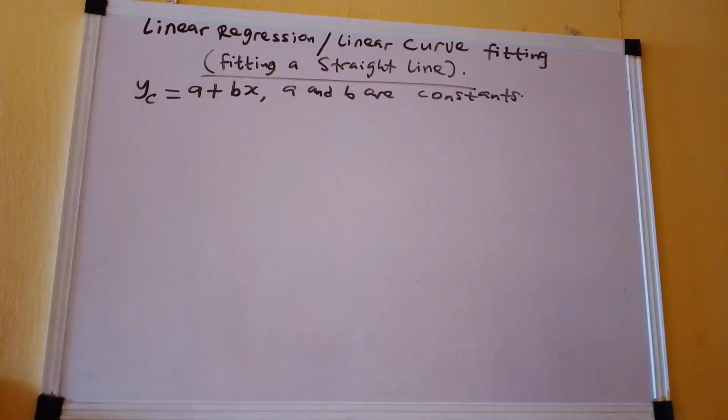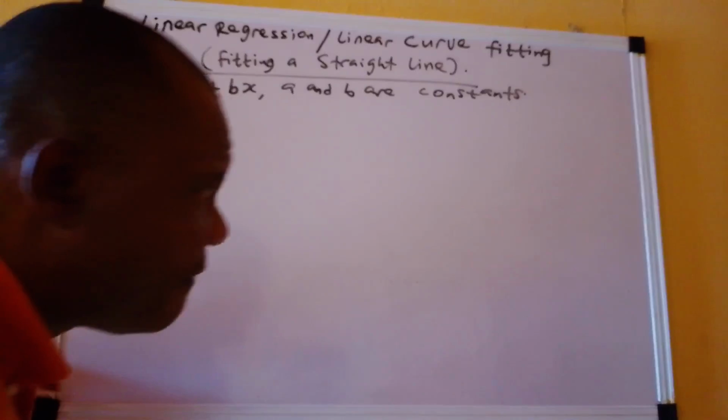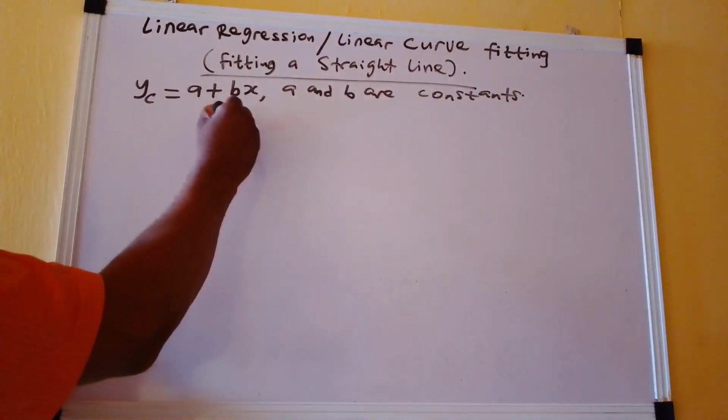Now, when we talk about regression analysis or linear curve fitting, what does it mean? It means finding a linear relationship between two variables. Now the variables here are x and y.